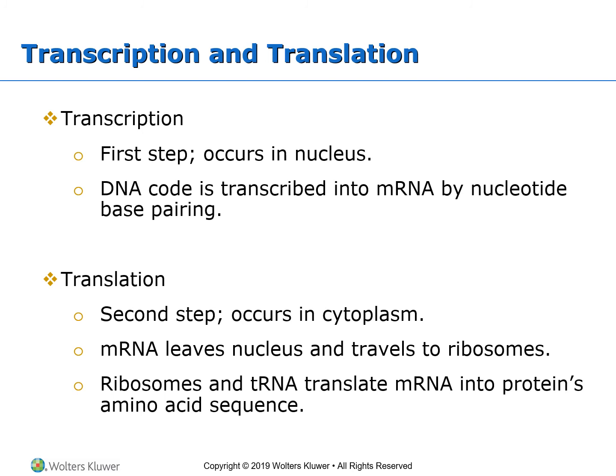The messenger RNA will leave the nucleus and in the cytoplasm will connect to the ribosome, and with or without the transfer RNA, the ribosomal RNA will be used for production of protein.